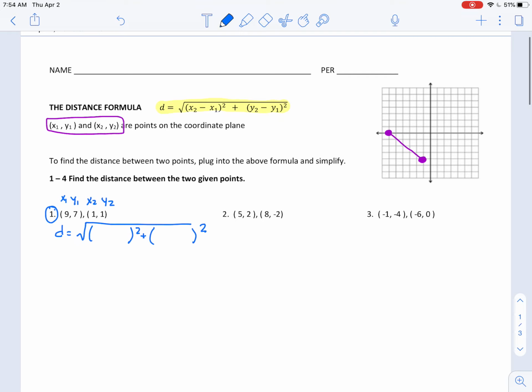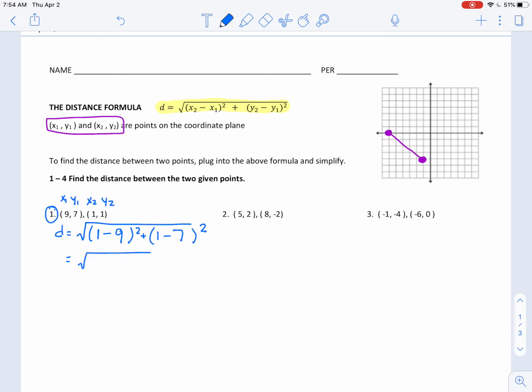So on the formula it says in the first parenthesis, do x2, so here that's 1, minus x1, which is 9. In the second set of parentheses, we subtract the y coordinates. So y2 is 1 minus y1, which is 7.